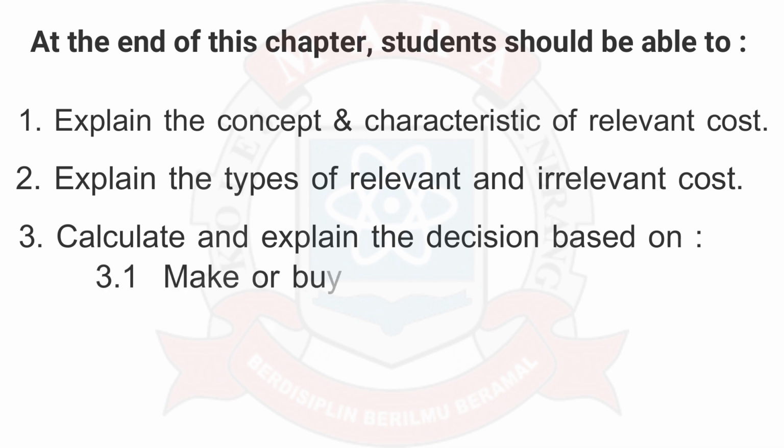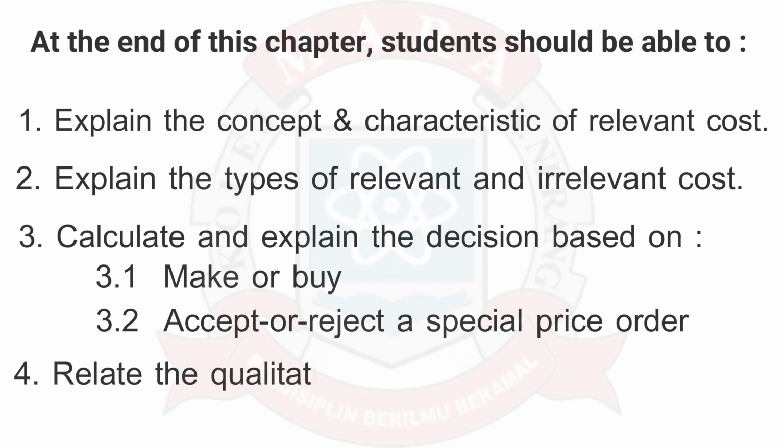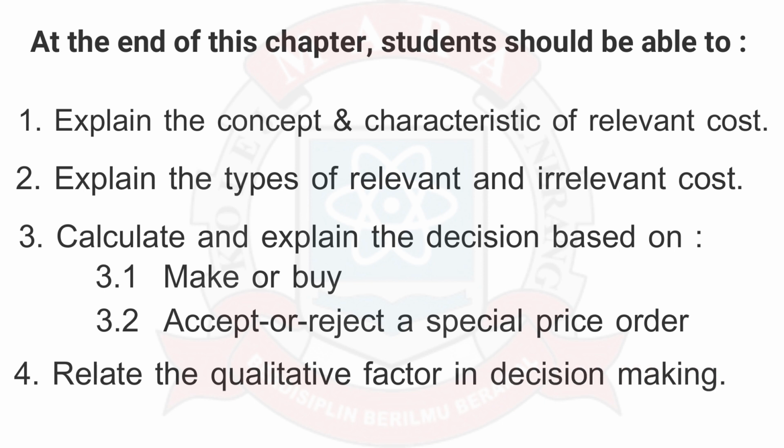Make or buy. 2. Accept or reject a special price order. And number 4, relate the qualitative factor in decision making. But in this part, we will only cover the first and second objective.